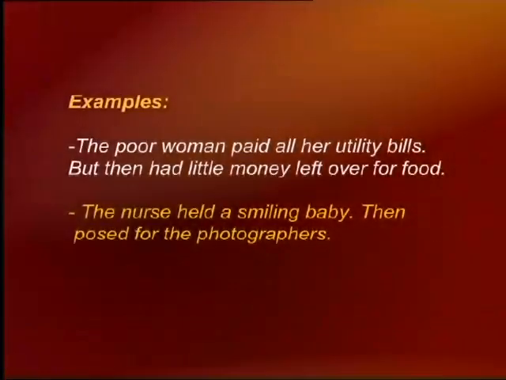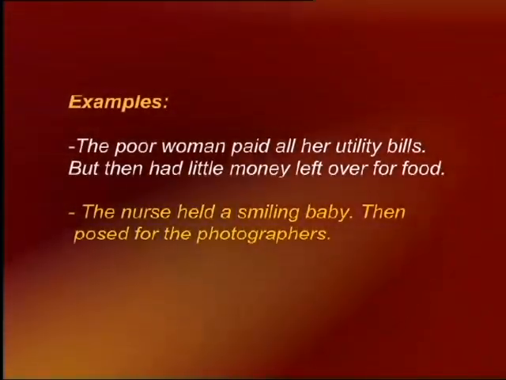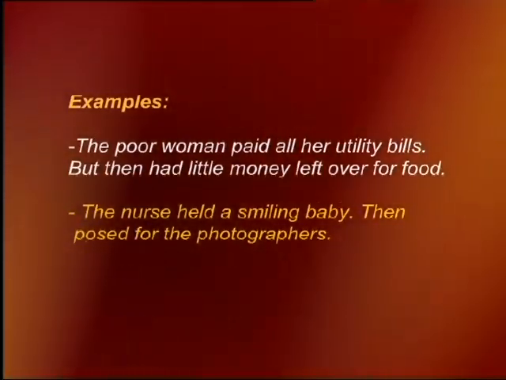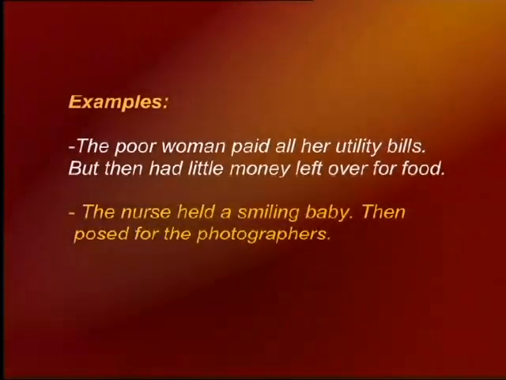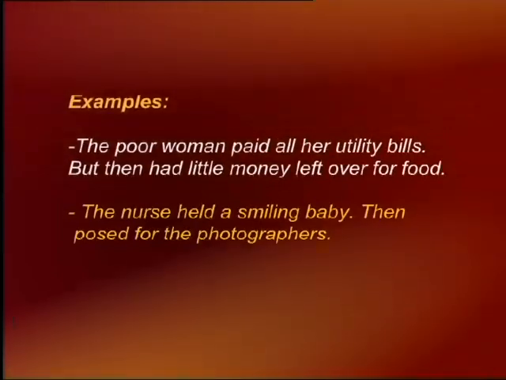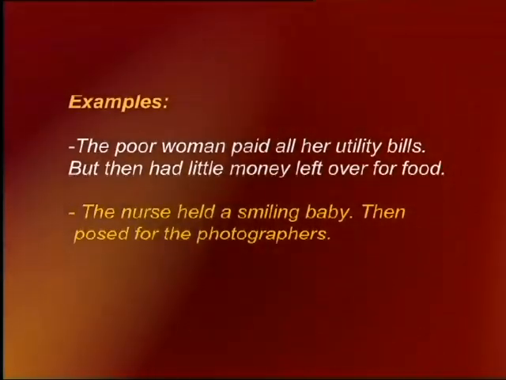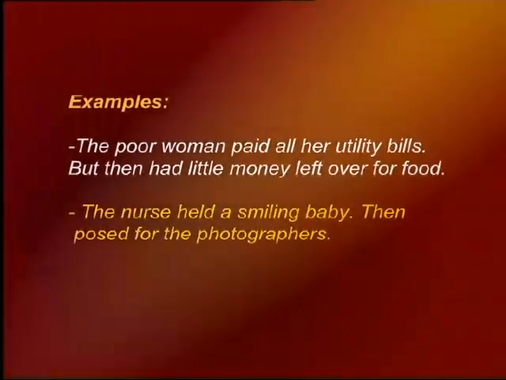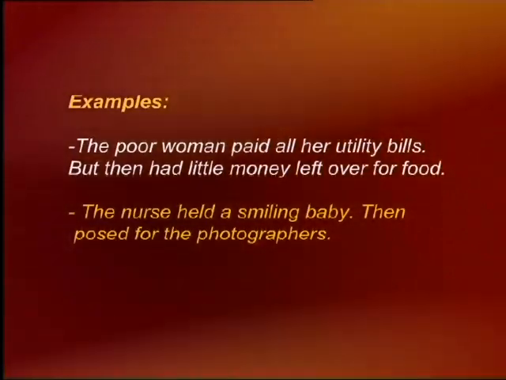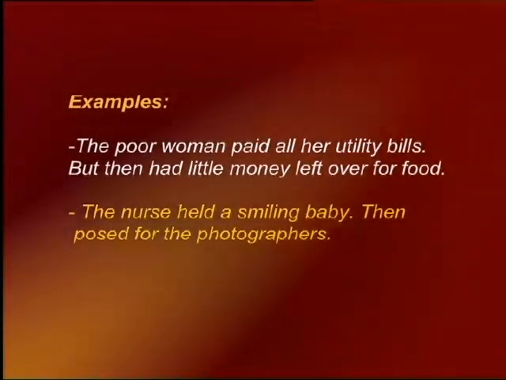In these fragments, the verb is there, but the subject is missing. For example, take this sentence. The poor woman paid all her utility bills. Full stop. But then had little money left over for food. Now, the second half, but then had little money left over for food.